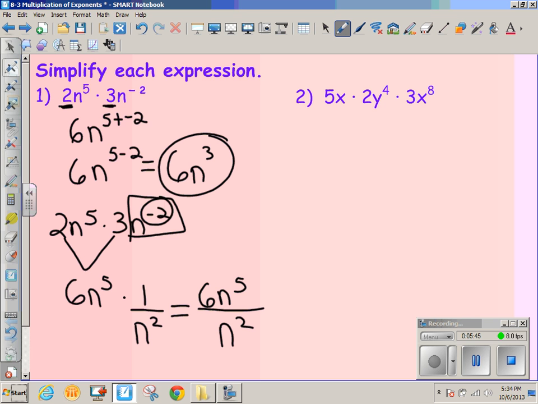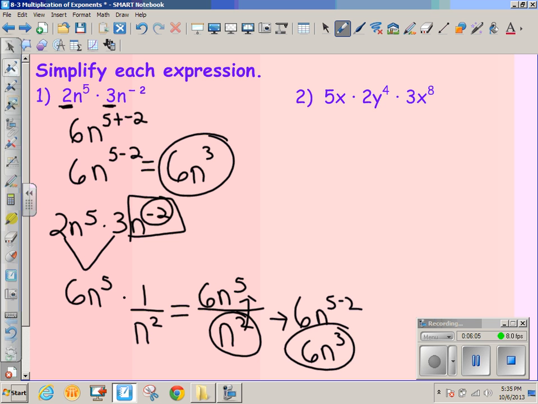Well, the n raised to the second is absorbed into the n to the 5th. Really, we're going to just subtract exponents. You'll learn that in a couple of lessons. So you'll have 6n to the 5th minus 2, or guess what? 6n to the 3rd. So again, that's just a different way to do the same problem.